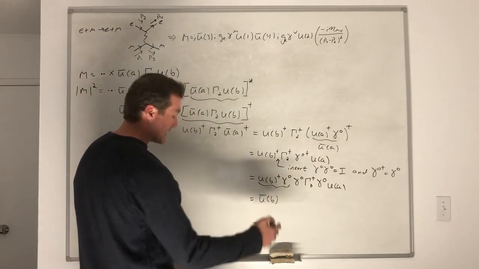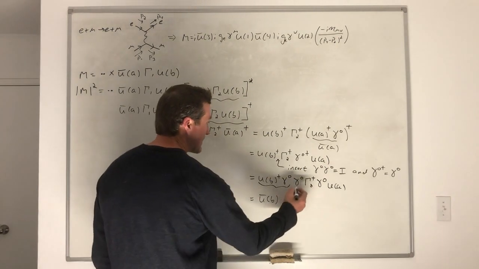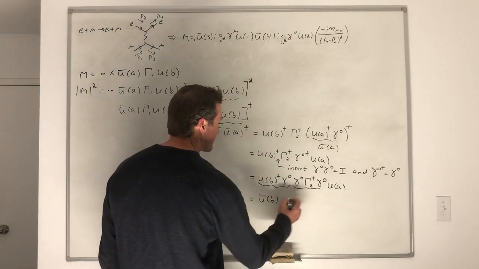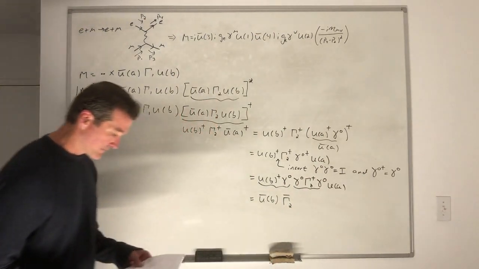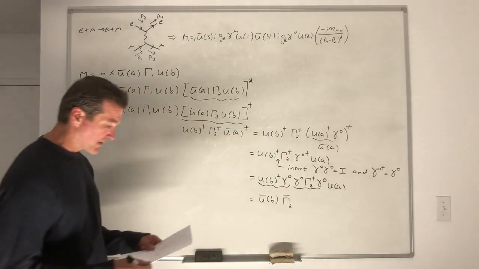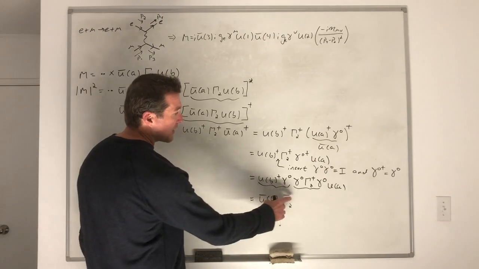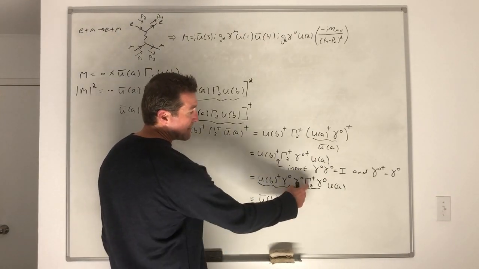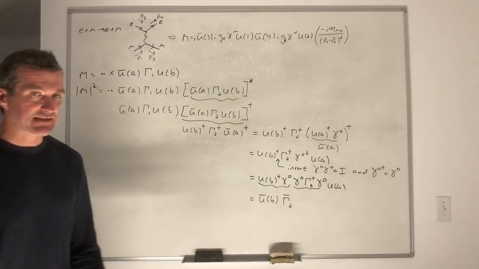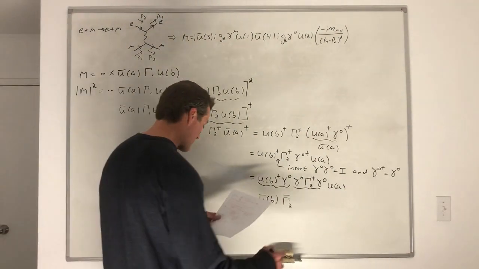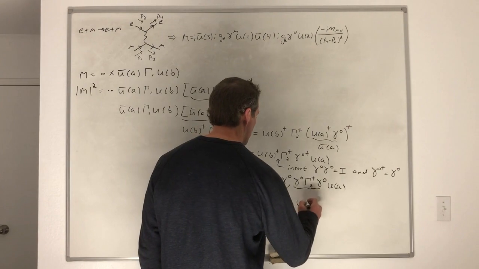So this is U bar B. So I'm going to take this thing and define it to be gamma bar of 2. Okay? So gamma bar is the gamma daggered and then surrounded by gamma 0. So this is a definition. And then we have U of A.